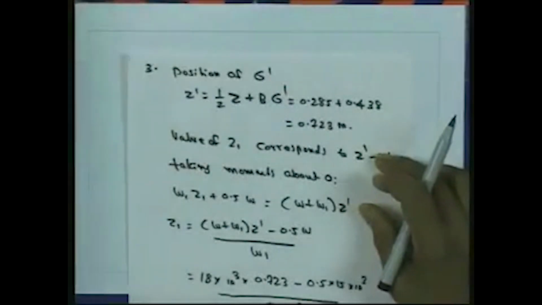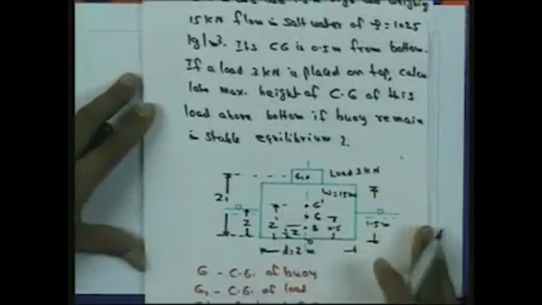So finally, we get Bg dash is equal to Bm is equal to 0.438 meter. Now we want to determine the new position of G dash due to the added weight. The position of G dash from the bottom of the buoy is Z dash.